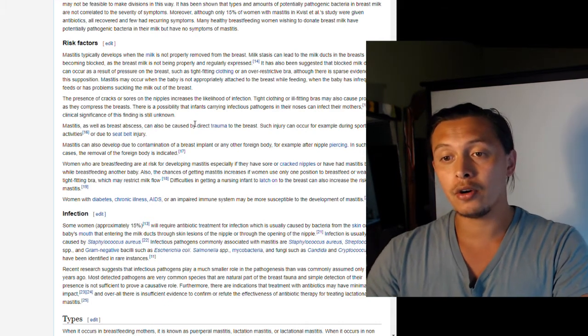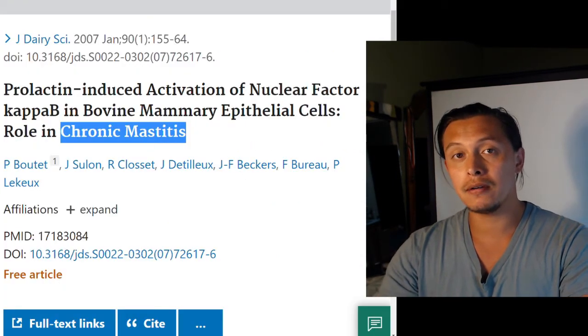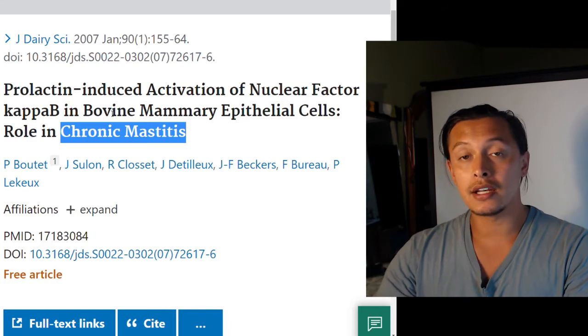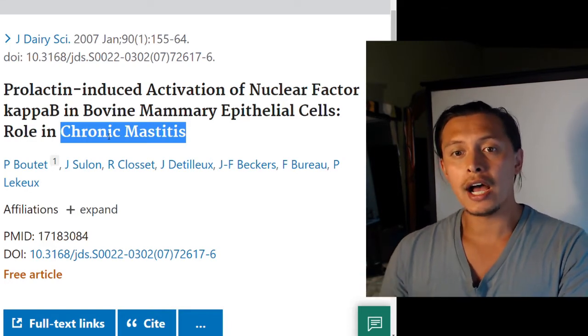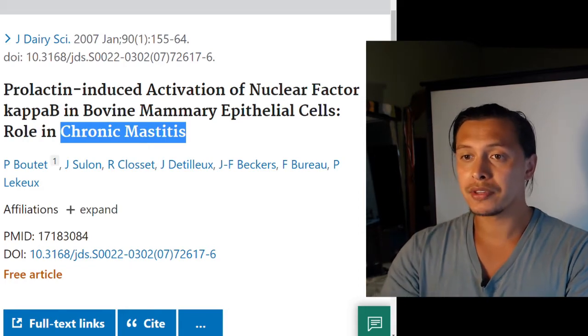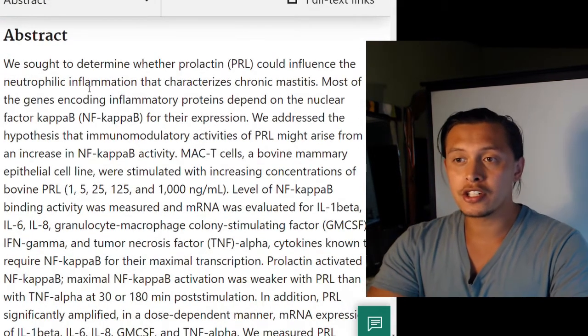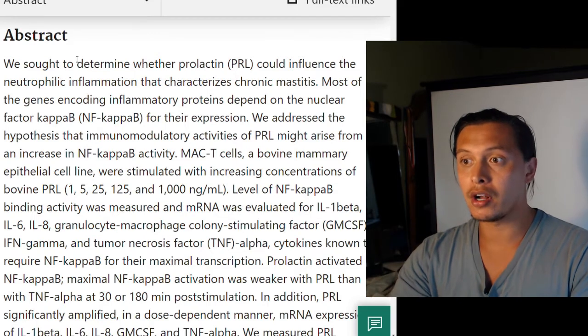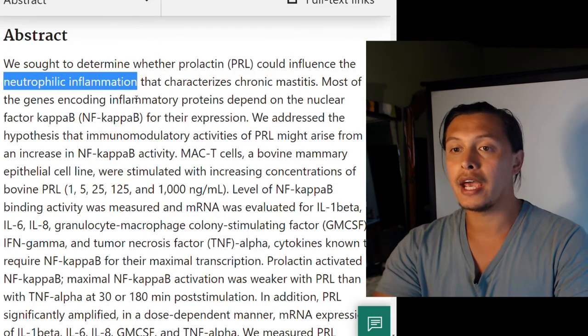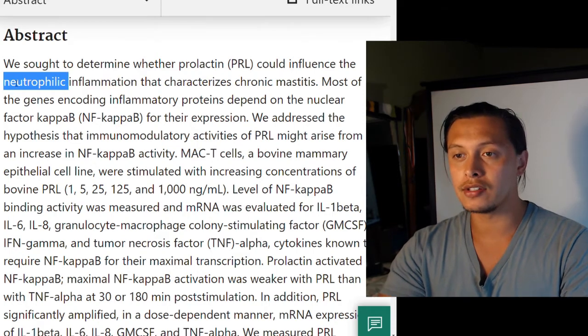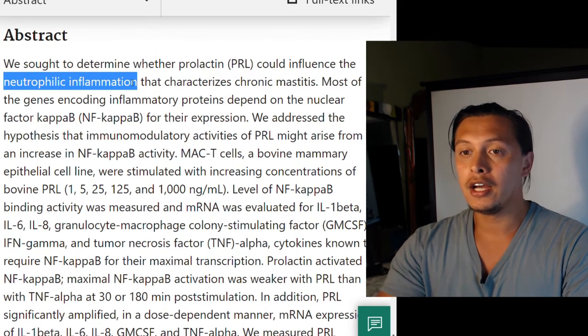But here we're saying that in bovines, in cows, this can be caused due to excessive prolactin. So let's start. We sought to determine whether prolactin, also known as PRL, could influence the neutrophilic inflammation, and this is inflammation that is caused by neutrophils.